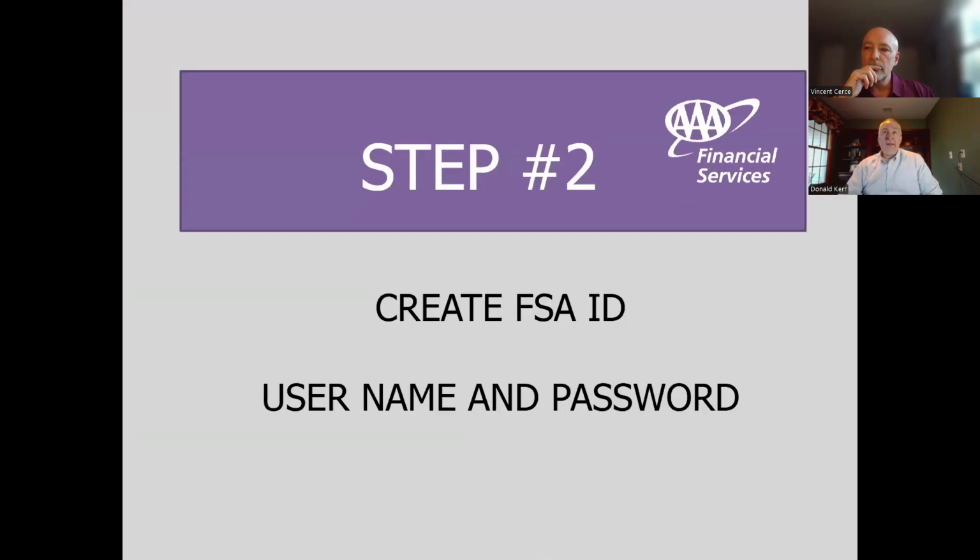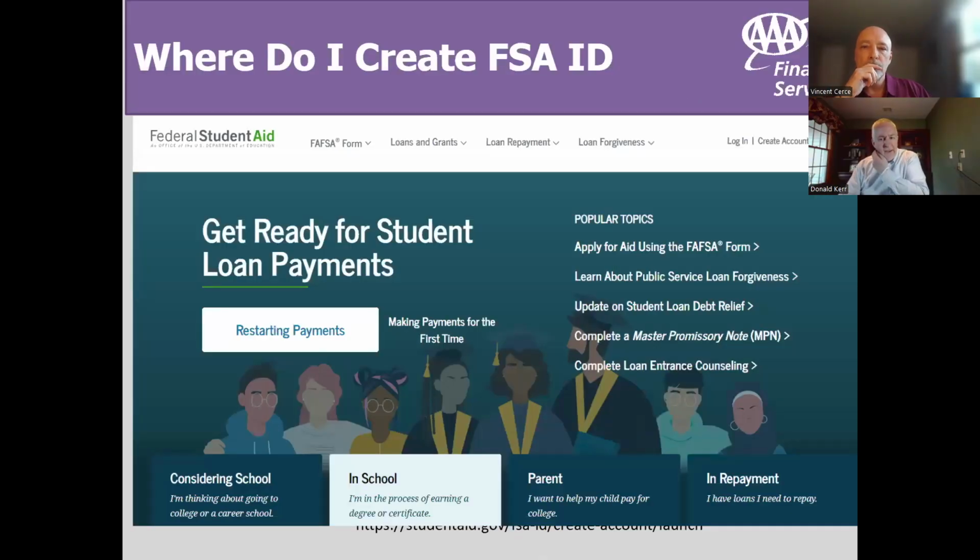All right, so that's the first step, gathering all that information. You now know what you need and what you're going to count and what you're not going to count. The second step is creating what's known as a federal student aid ID. It's a username and password is what it is. You can go to the next slide here.